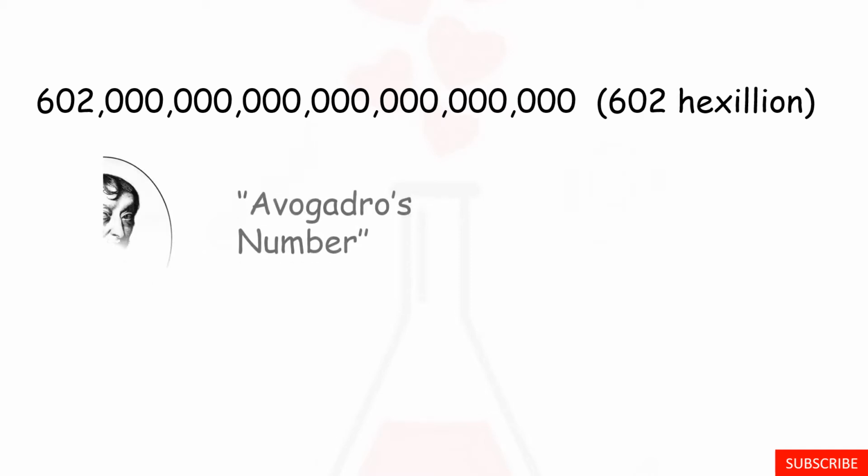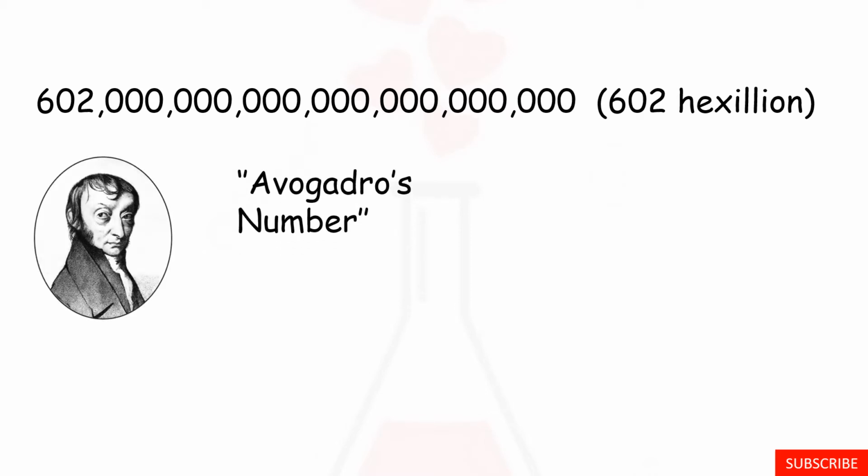So Avogadro came up with this number, and it's now called Avogadro's number, but because the number is very lengthy, it could be quite tiresome, so we have to somehow shorten it using the scientific notation, and it will become 6.02 times 10 to power 23. So this is the scientific notation that's normally used to represent Avogadro's number.